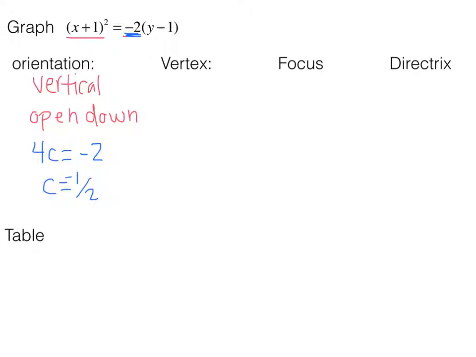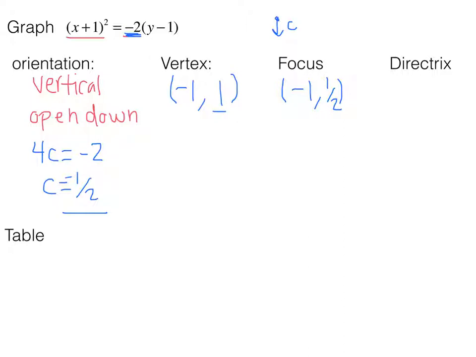The vertex is going to be negative 1, comma, positive 1. The focus is going to be, since we have a point of negative 1, positive 1, our focus is going to drop down the c value. So the x value is going to stay the same, and we're going to take away this 1/2 from the y value in the vertex, so we're going to end up with 1/2.